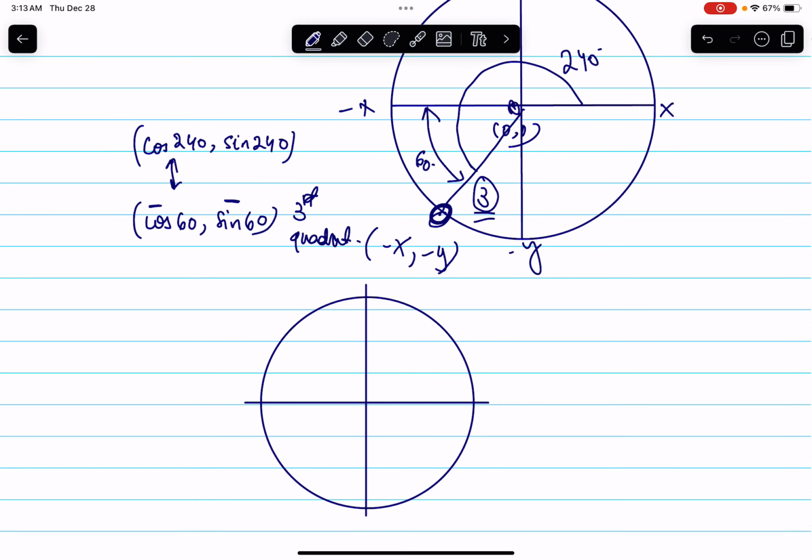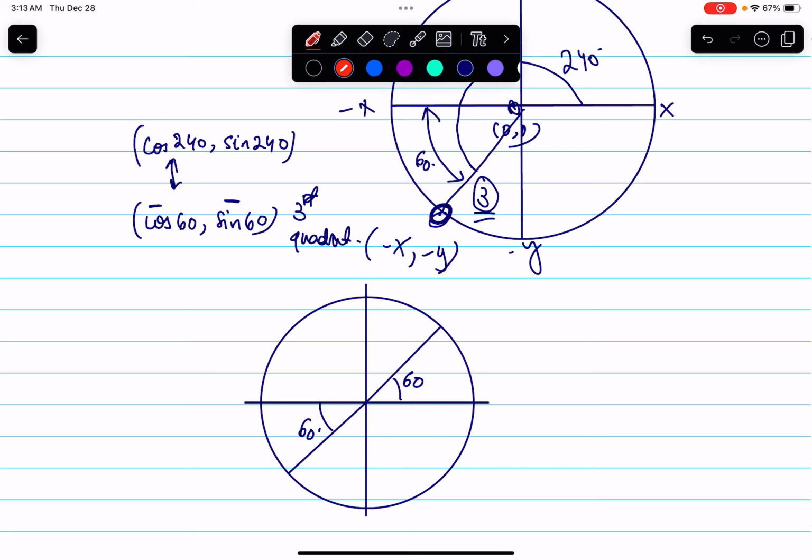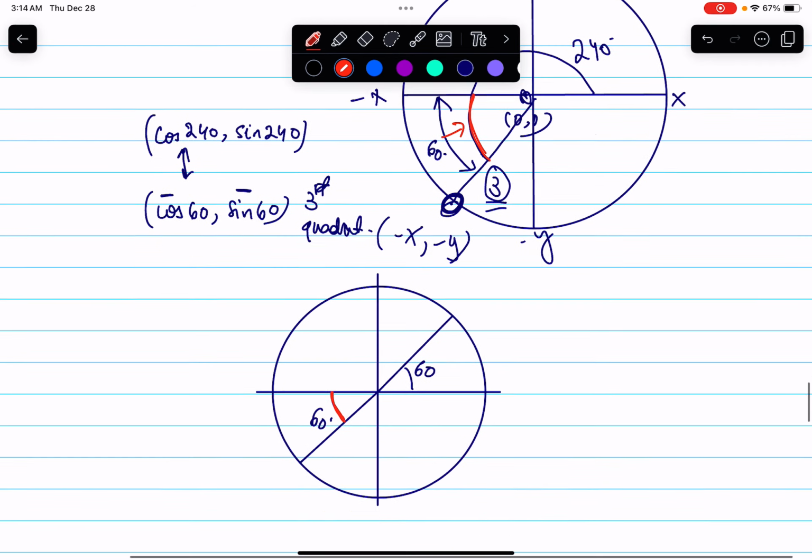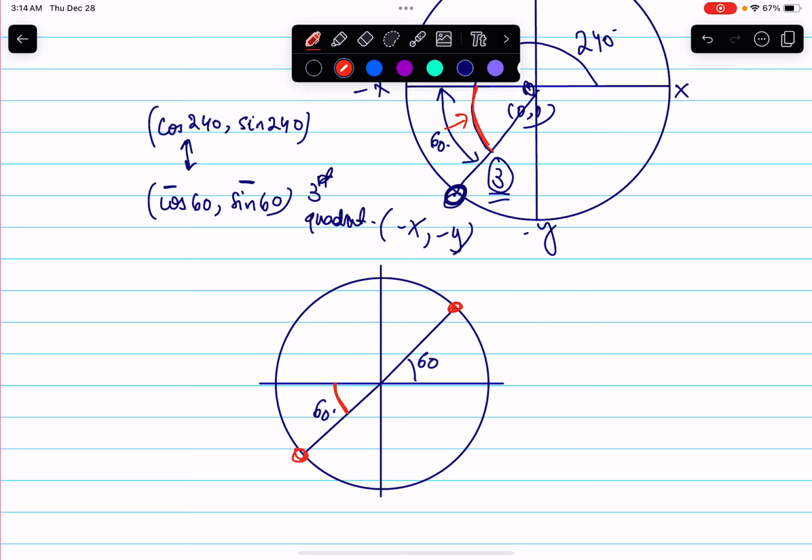Now, in this case, what you can see is that, if this is your angle in the first quadrant, where this is 60, and let's say this is your angle in the third quadrant, this is also 60. So the angle in red is going to be the reflex angle that we were seeing before. So what you're going to be seeing for both of these points is that the magnitude, which is cosine of 60 and sine of 60, becomes negative cosine of 60 and negative sine of 60.